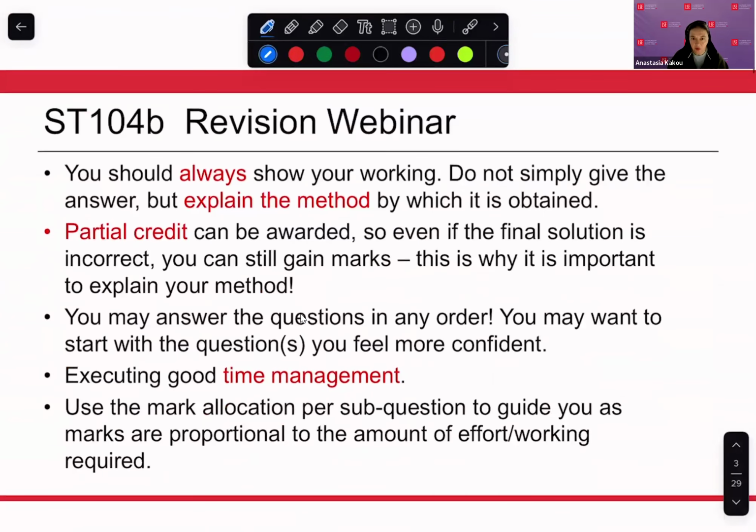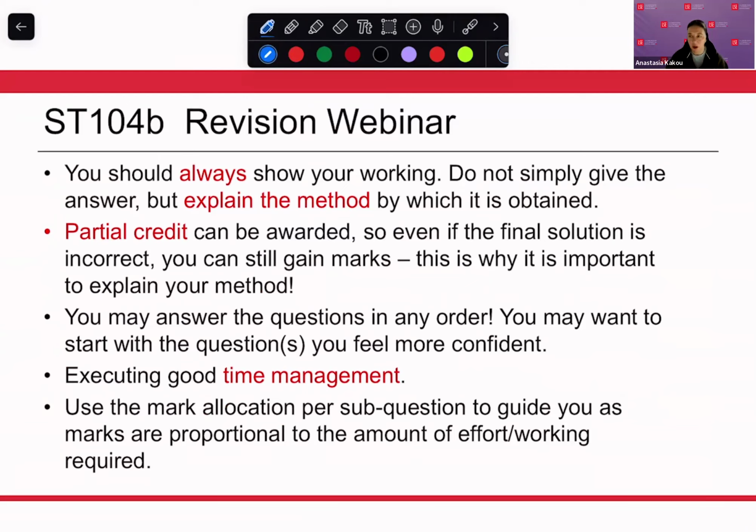Very briefly, in terms of tips: this is a quantitative course, so you should always show your working. Don't simply give the answer. Give all the steps and any assumptions you make so that you can get partial credit if you have made a mistake. It's very important to execute good time management, so don't spend too much time on any given question.